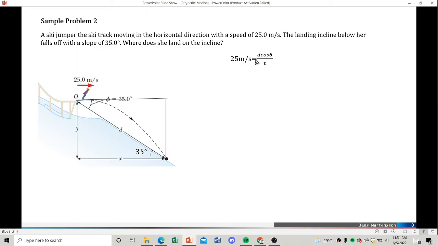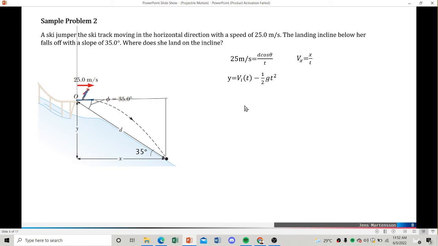We know that this velocity is in the horizontal direction, 25 meters per second. That is equal to our distance in the x direction, which is d cosine theta, over time. So v_x equals x over t.